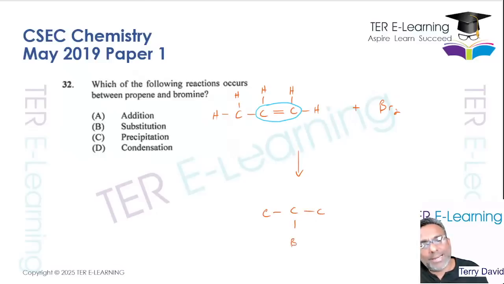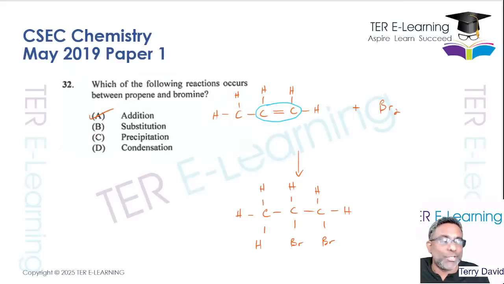The bromine adds itself across this. So in this case here, we end up with 1 product. This particular reaction is referred to as an addition. So the bromine adds itself across the double bond. So the answer is A. So that's 32.